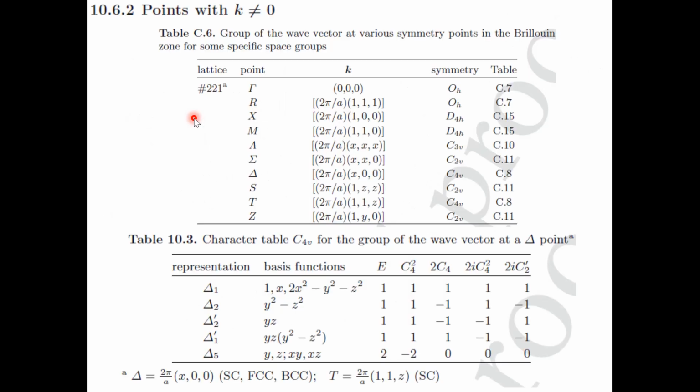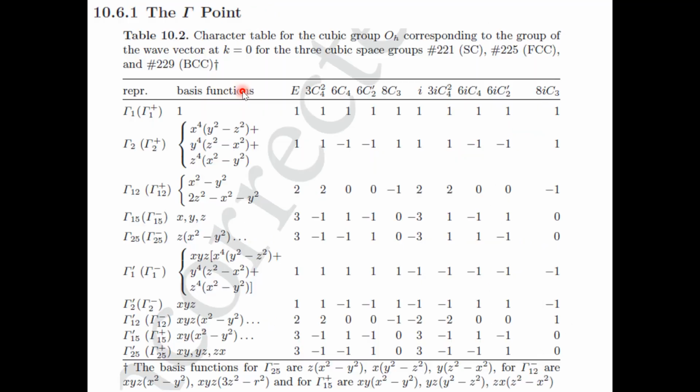All right, so let's consider now going away from the gamma point, a certain k different from 0. And this is all tabulated for space group 221, for instance. Space group 221 is the simple cubic case.